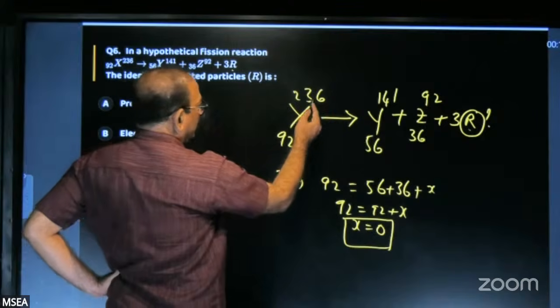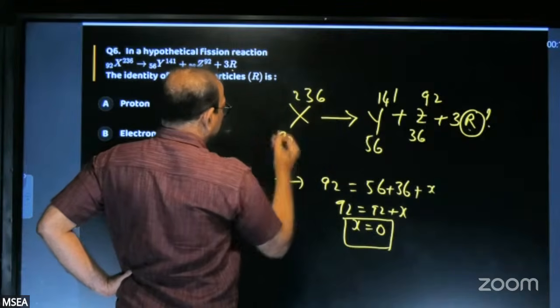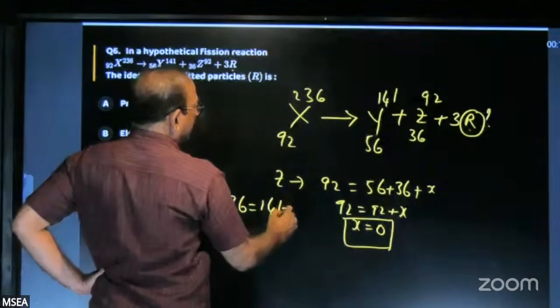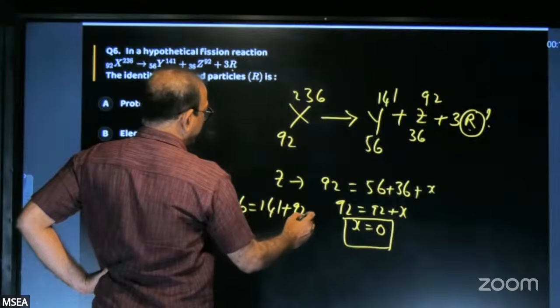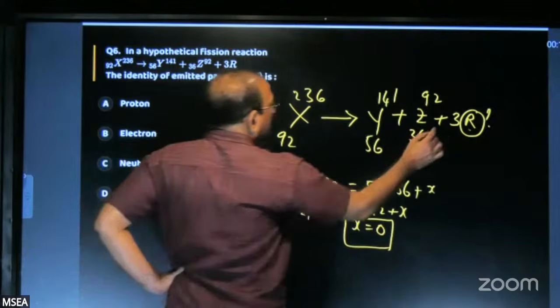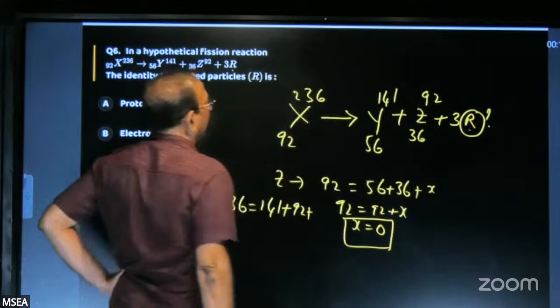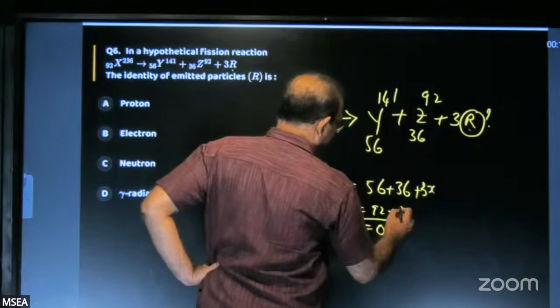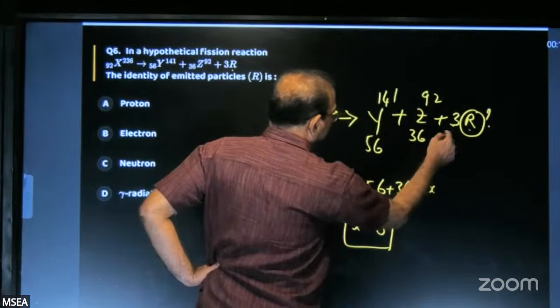Mass number also I am doing for your satisfaction. 236 equals 141 plus 92 plus, actually here I should write 3y because three times I have to do.